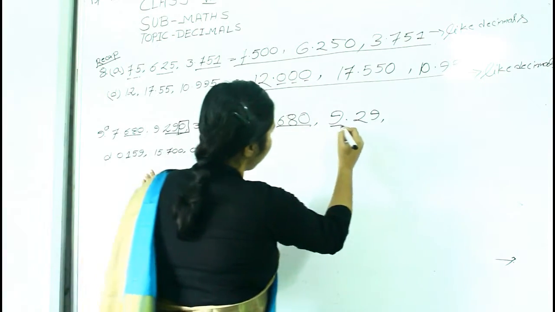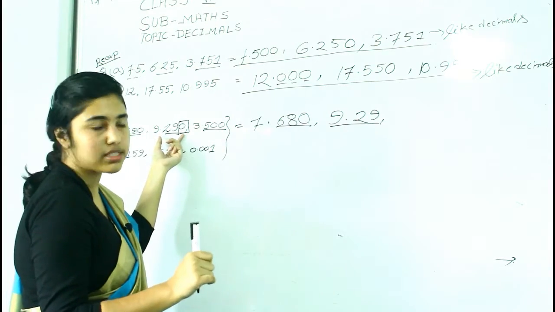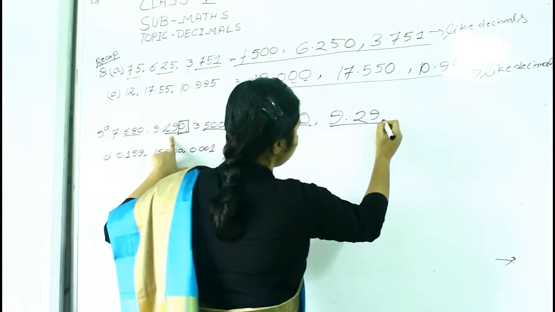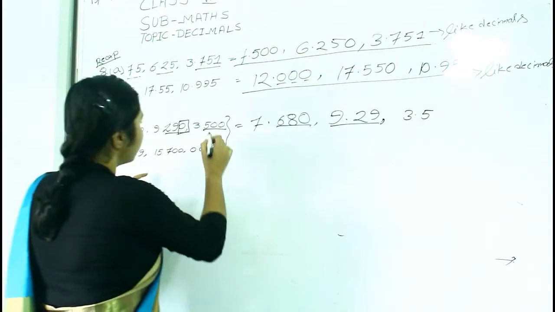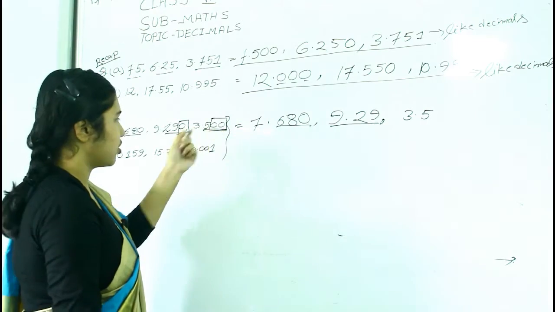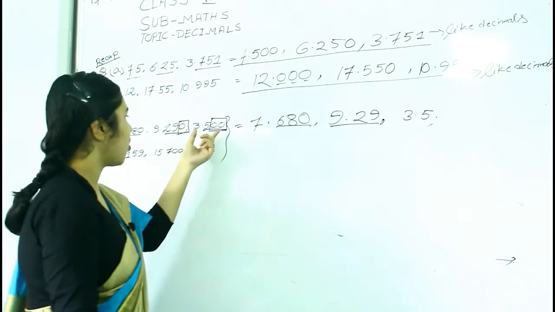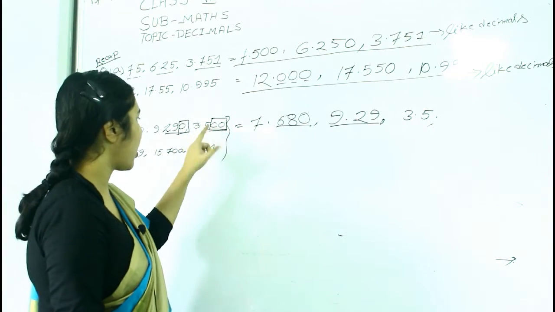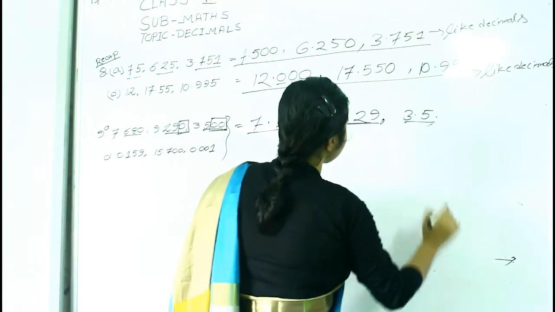So we can write 9.29 in place of 9.290. And write the last number 3.5 without these last 2 digits 00. Then this number 3.5 is also equivalent to 3.500.